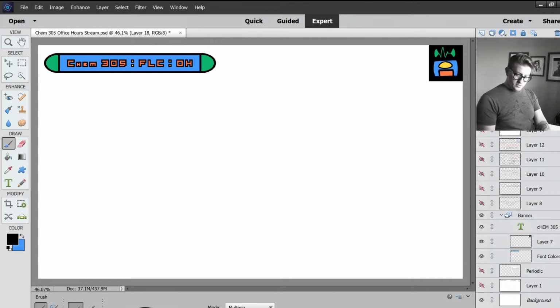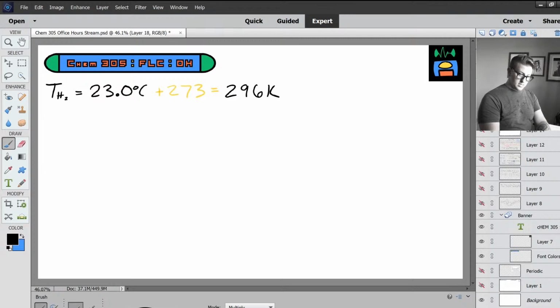We're told our temperature of H2 was 23.0 degrees C. As we know, we have to convert this to Kelvin, so we add 273. So this will be 296 Kelvin. Again, we have to round to the ones place. So we have our temperature.